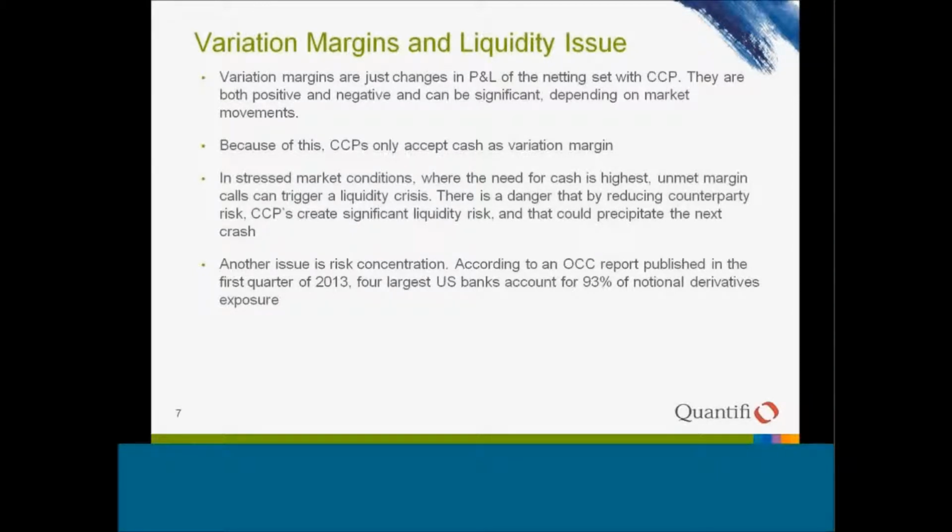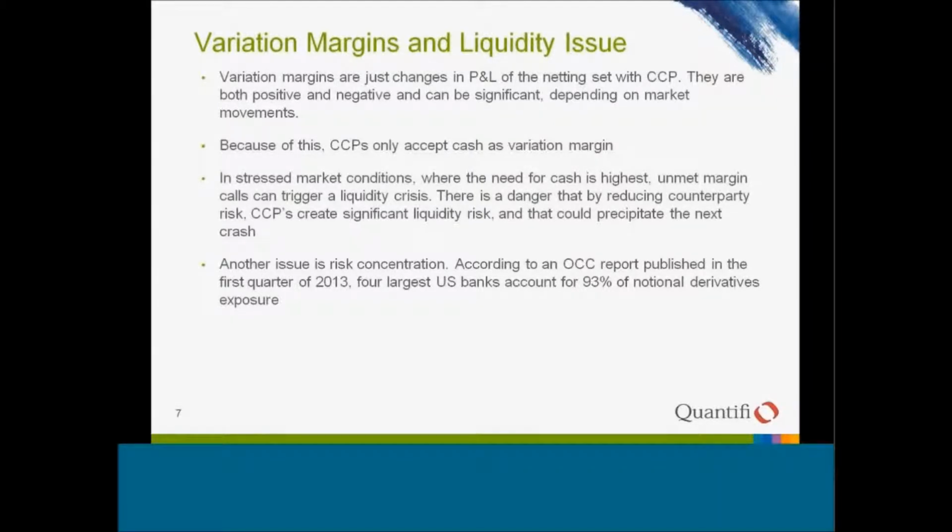CCPs only accept cash as variation margin. As initial margin, they can usually accept some high-grade, high-quality collateral, but for variation margin, it's only cash. And as I explained, these variation margins can be significant in times of stressed market conditions. So in this time, the need for cash is highest, and unmet margin calls can trigger a liquidity crisis.